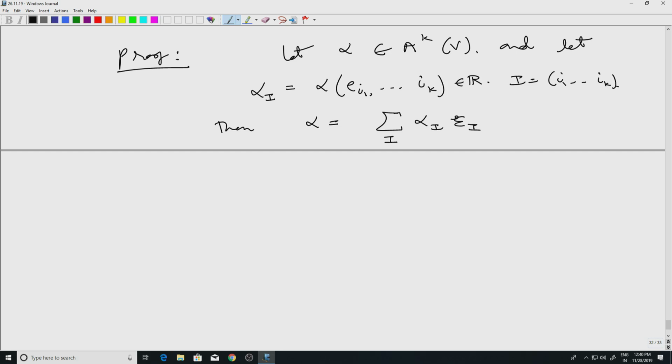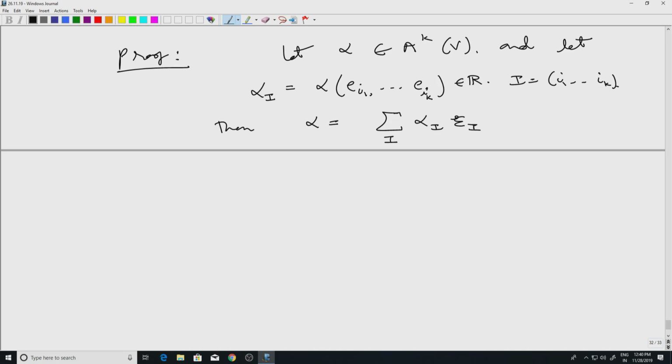Well, so we just have to check that alpha and the right hand side are equal when evaluated on, oops, here there's a small typo, let me correct this, e_{iK}. So I just have to check that both sides give me the same number when evaluated on basis vectors.